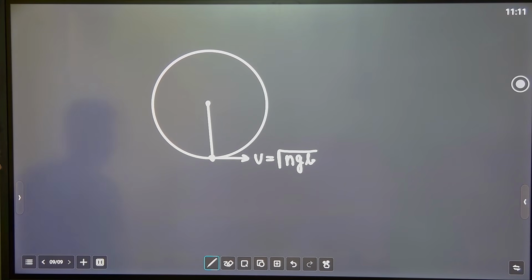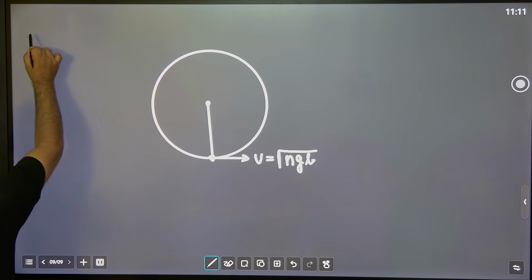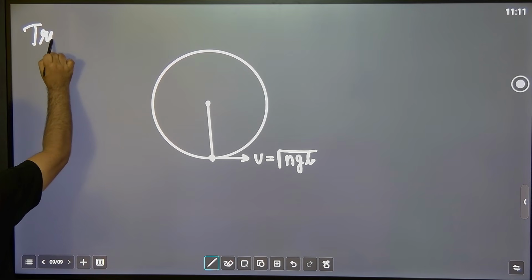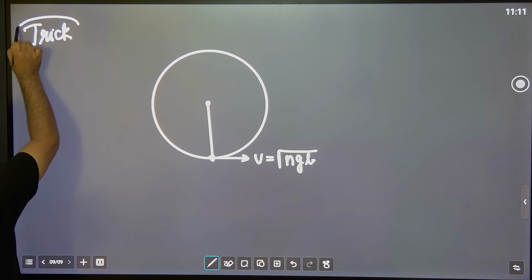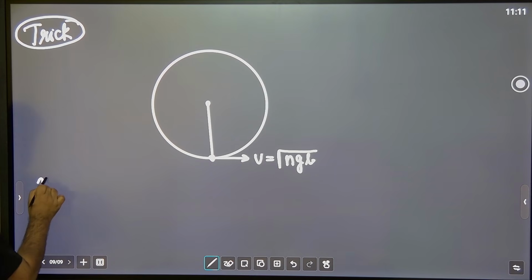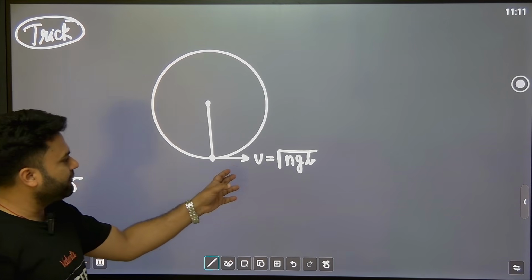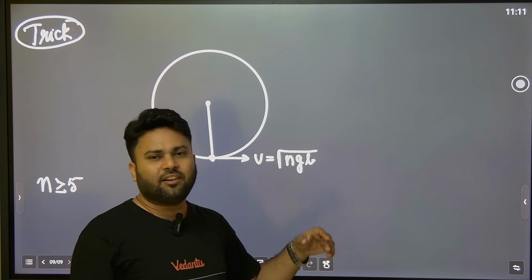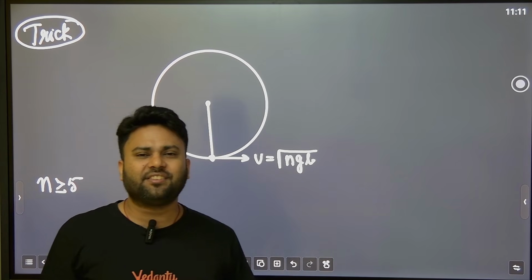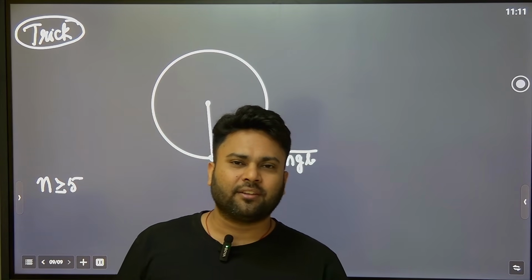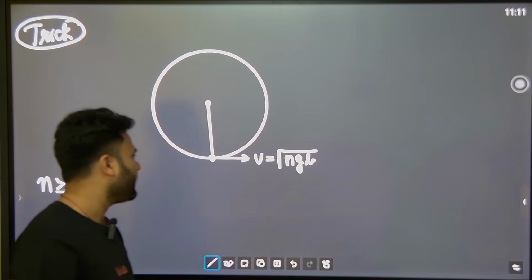Correct? Always remember the shortcut which I am telling you right now. This is applicable for n greater than or equal to 5. Means if they give under root 5 GL, under root 6 GL, under root 7 GL, under root 8 GL kind of thing, it should not be less than 5.